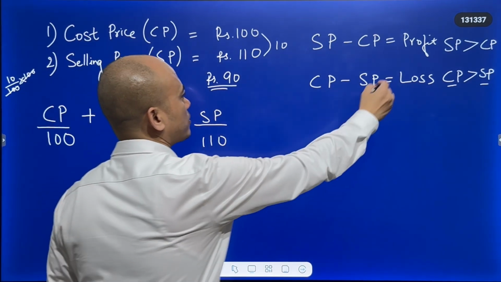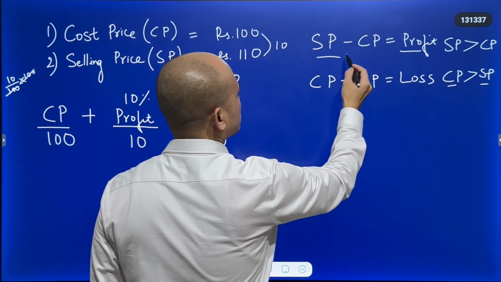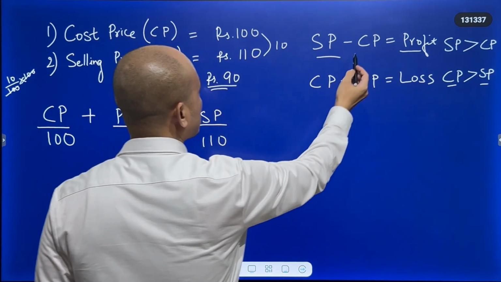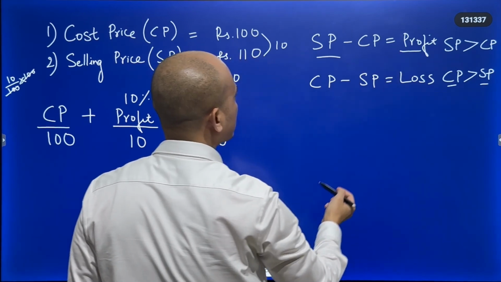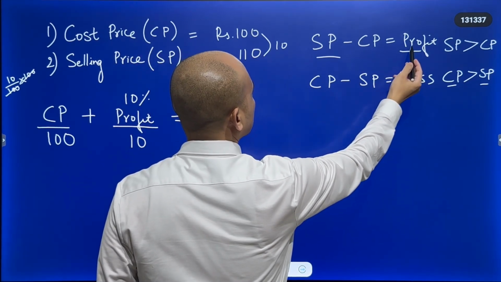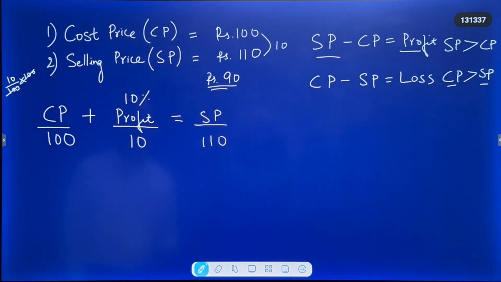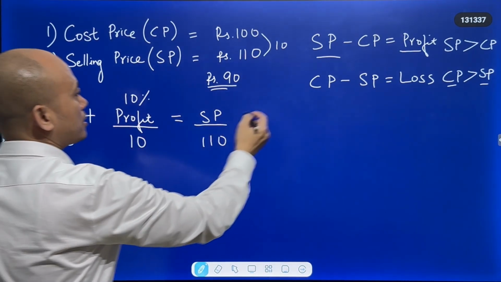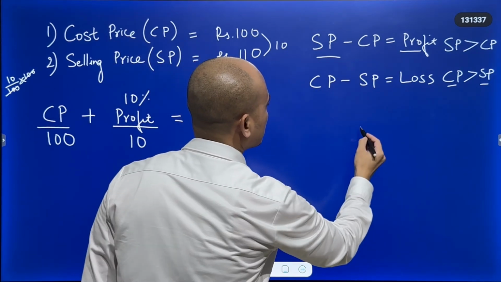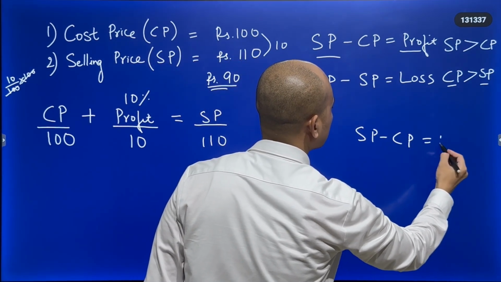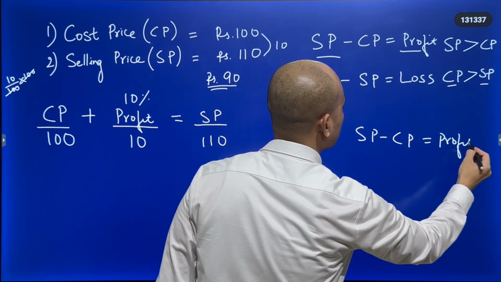Now you see here profit. So the same thing, if we move cost price to the right side, and profit to the left side, what will be the resulting equation? SP minus CP is equal to profit.